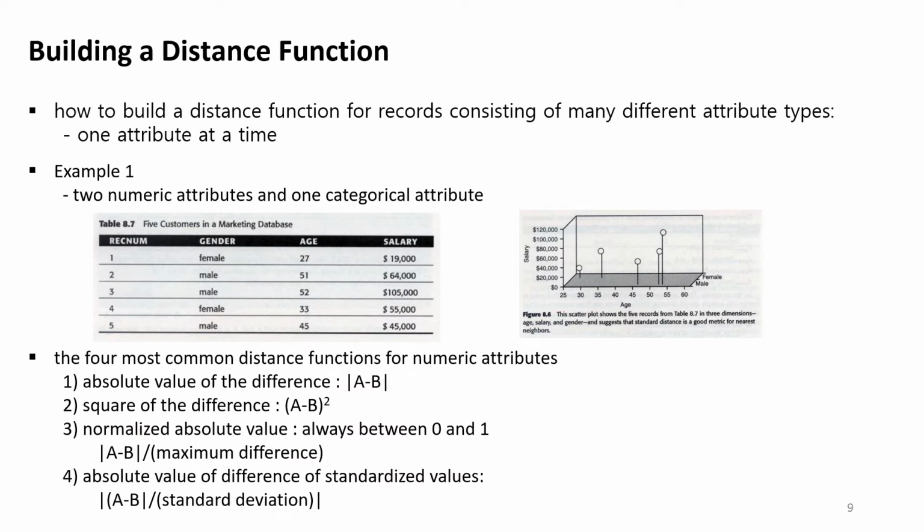Now let's build a distance function. When you build a distance function between two data, you actually compute the distance for every attribute first, and then these attribute distances will be combined later. That's how we compute the distance of data in IBL.